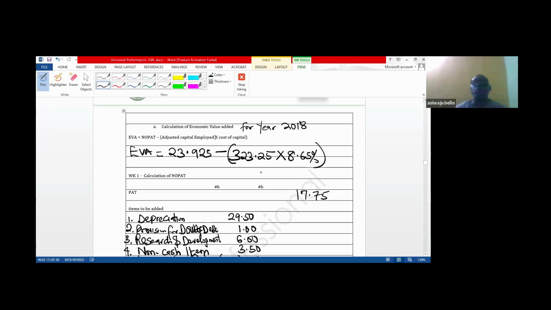Please work this out. 323.25 multiplied by 0.0865 gives 27.96112.